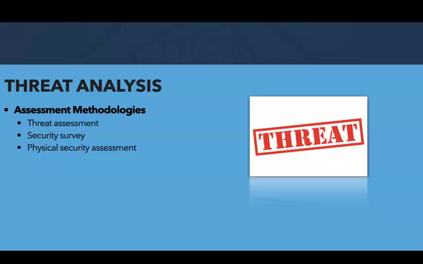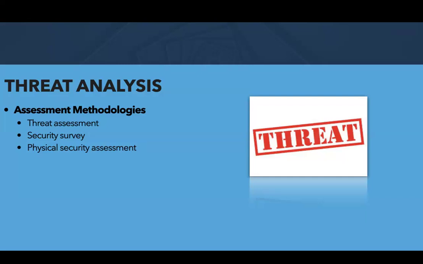So that's a security survey. They're normally quicker than a physical security assessment. It does point your vulnerabilities out when it gets into recommendations, but it doesn't focus on it. It just focuses on, okay, I'll put a quick threat statement in it.